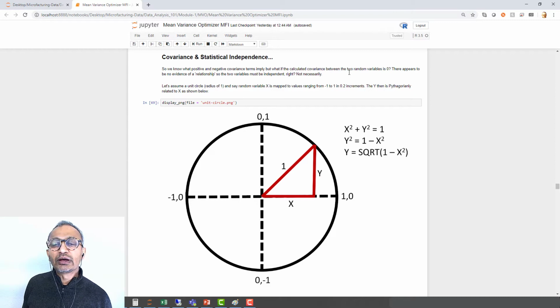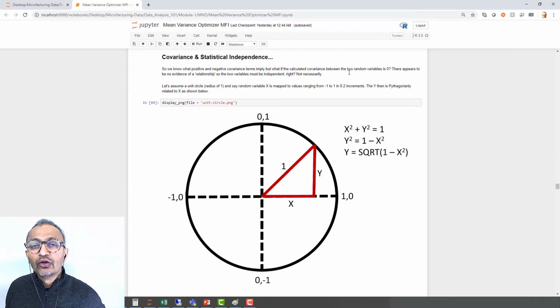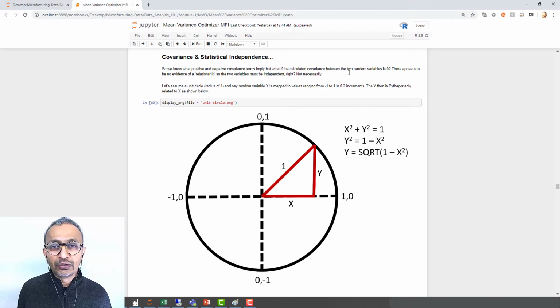We know what positive and negative covariance terms imply. But what if the covariance between the two is 0? There appears to be no evidence of a relationship, so the two variables must be independent, right?